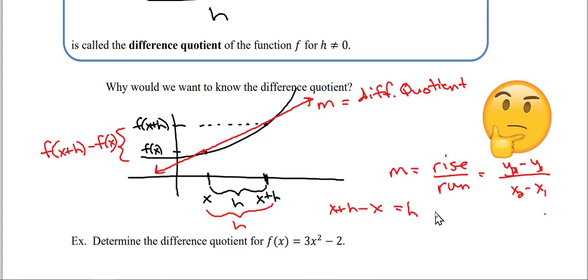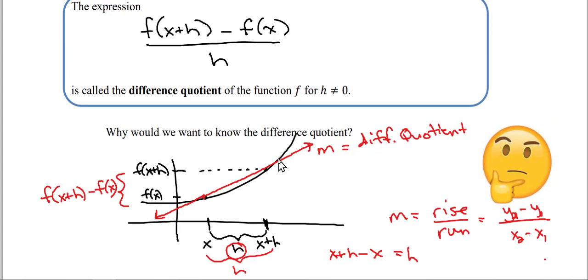So if we want to go along a function some maybe unknown distance h and see the slope of the line that connects a couple of points, that's exactly what the difference quotient gives us. You will see the huge applications of this in calculus, but that is sort of the preview of that.